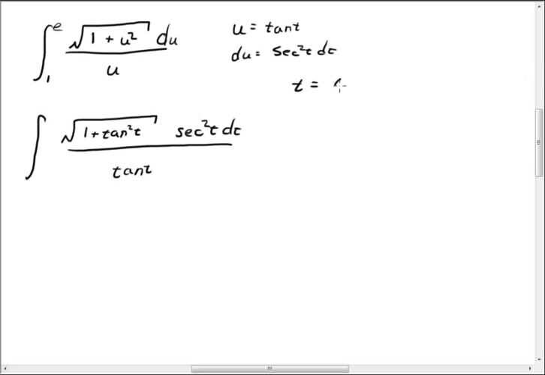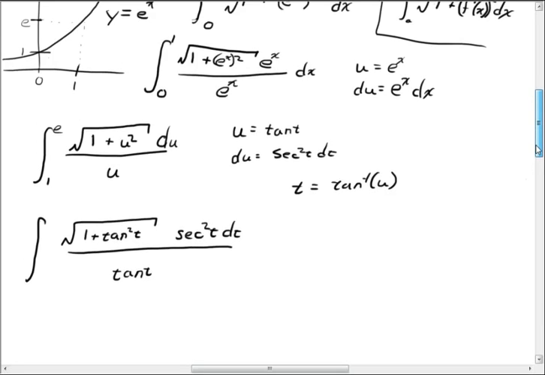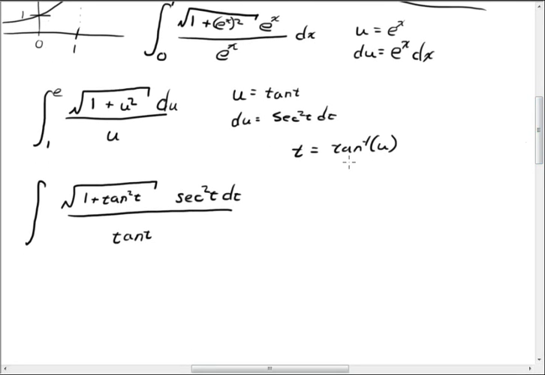So t is equal to tan inverse of u. And tan inverse of 1 is pi over 4, and tan inverse of e is simply tan inverse of e. There's no simplification of that.